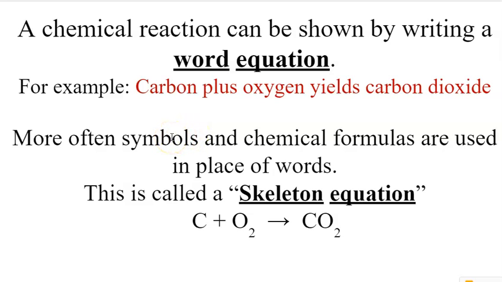More often, symbols and chemical formulas are used in place of words. And this is what's known as a skeleton equation. So I just took the words up here, carbon plus oxygen yields carbon dioxide. So that's what we did right there. That's a skeleton equation.